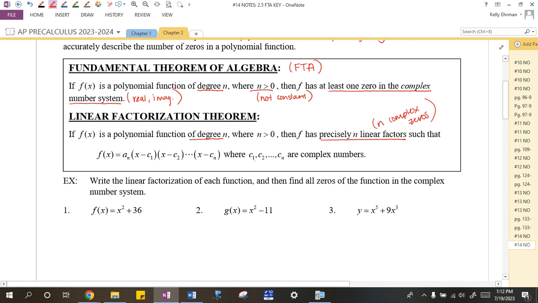And again, those zeros, c1, c2, c sub n, are all complex numbers. They could be real or they could be imaginary.